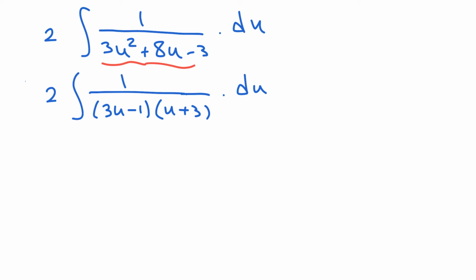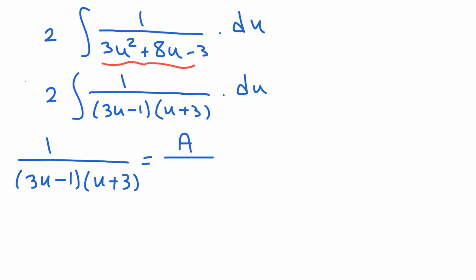So I will write down 1 divided by (3u minus 1) times (u plus 3) equals, as we see in the partial fraction session, A over the first brackets, which is 3u minus 1, plus B over the second brackets.